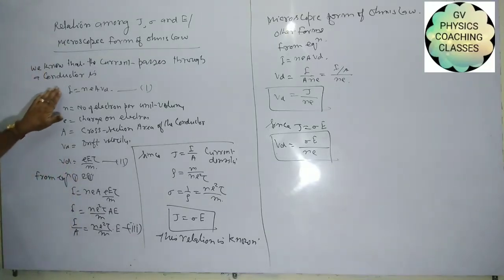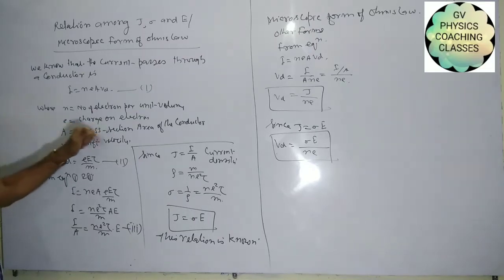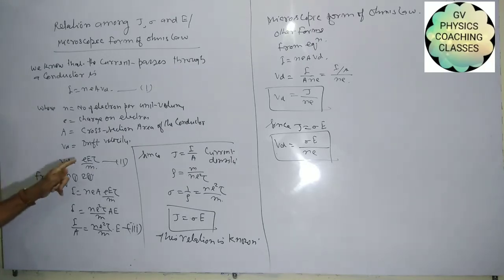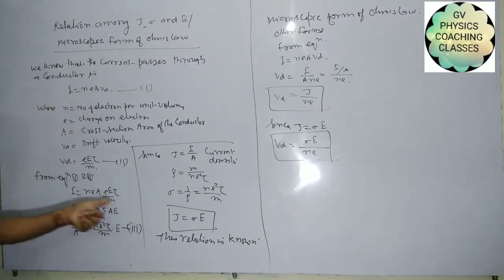Again, this is the equation of the current passing through a conductor, where n is the number of free electrons per unit volume, e is the charge on electron, A is the cross section area of the conductor, and Vd is the drift velocity. So Vd equal to e E tau upon m, it is already defined. Putting this value in this equation, we find this one.